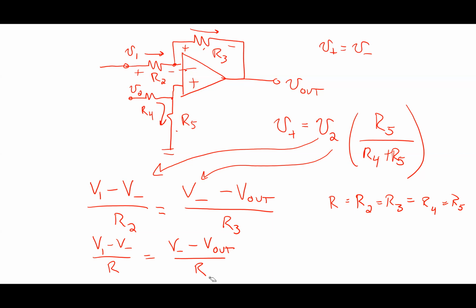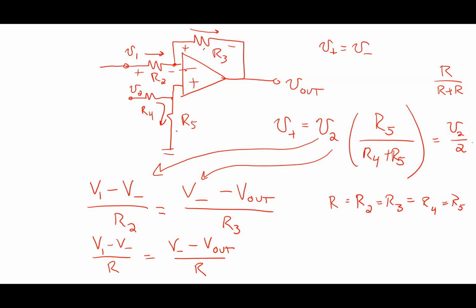It would become V2 times R over R plus R, which is R over 2R, 1/2. So it'd be V2 over 2. And that kind of makes sense, right?